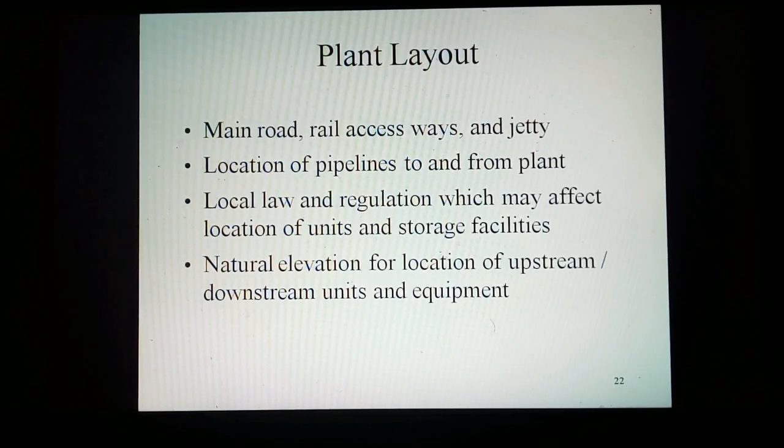Plant layout or area arrangement is classified as blocked areas, such as process areas, storage areas, utilities areas, administration and service areas, and other areas.